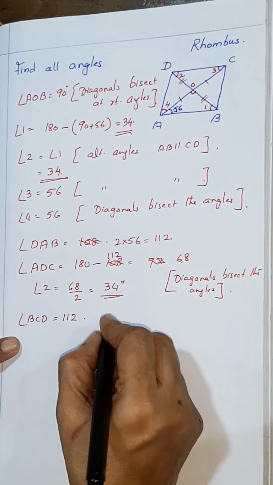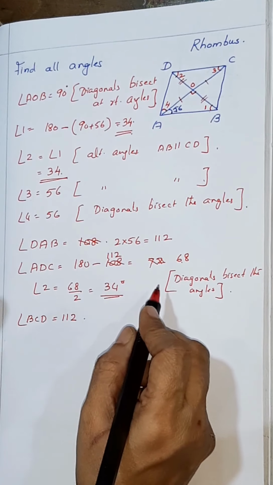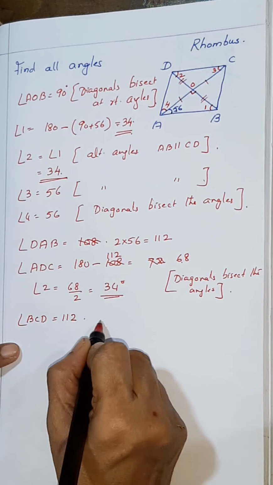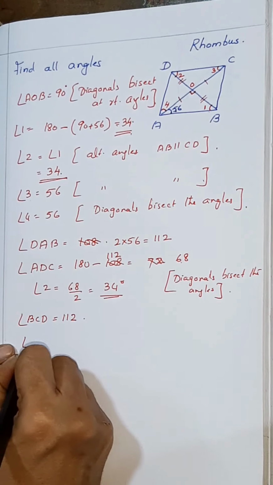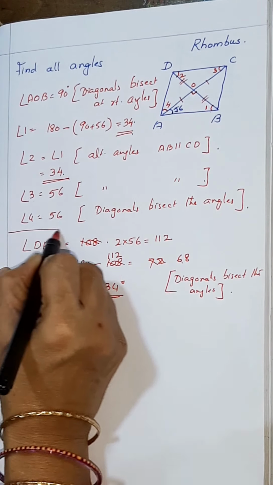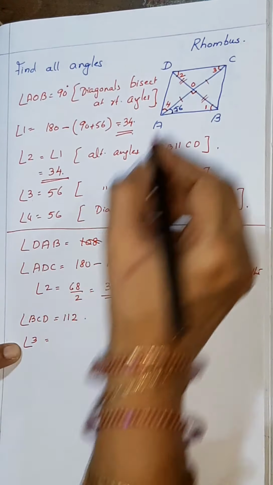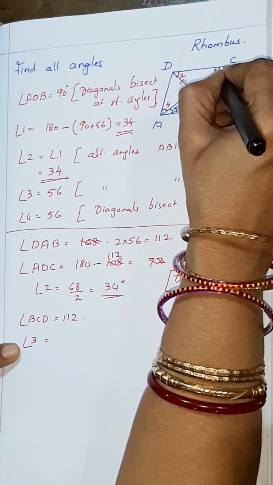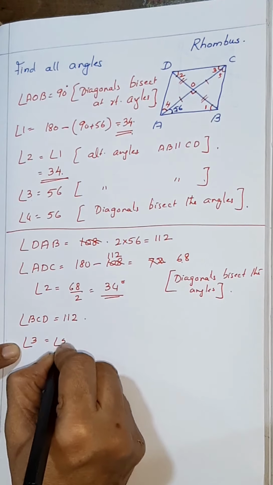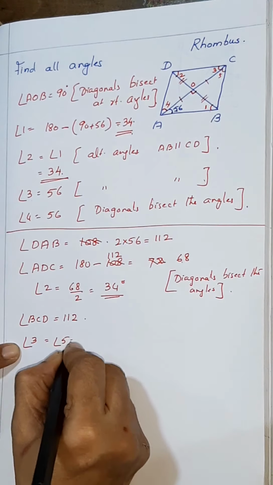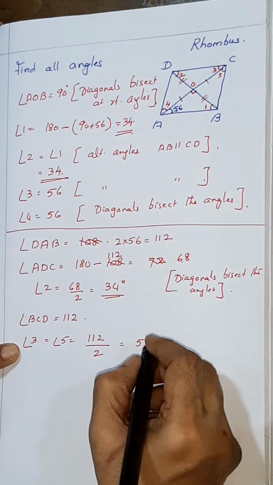So from this we can say angle 3. So this is another method. Suppose I am giving this value as 5. Angle 5 is equal to 112 divided by 2, so 56.